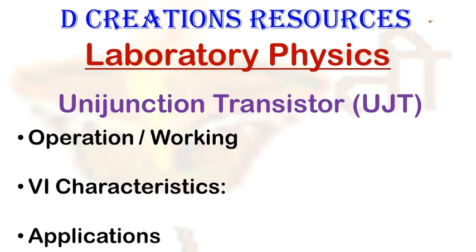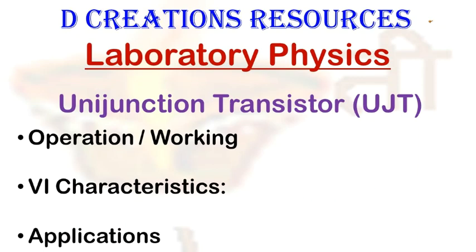The value of emitter voltage which causes the diode to conduct is called the peak point voltage, denoted VP, which is eta VBB plus VD.